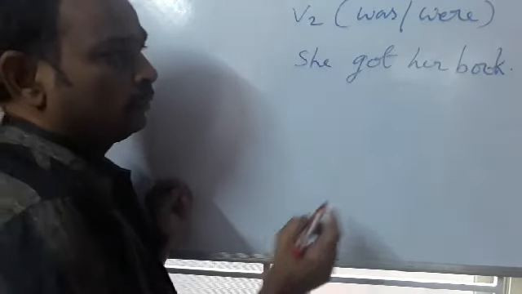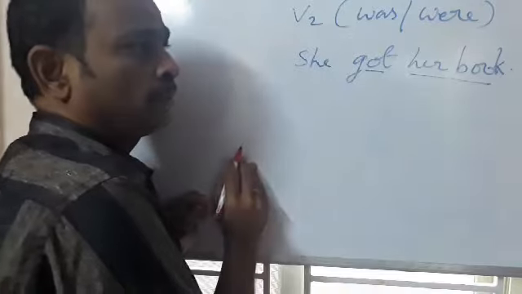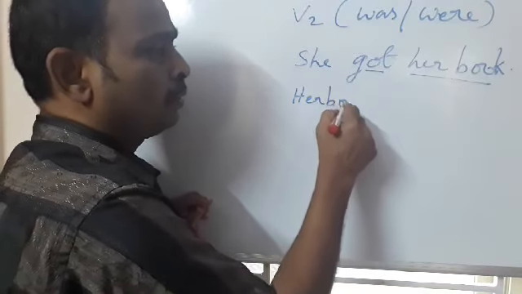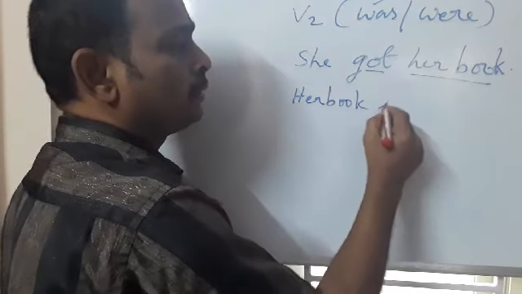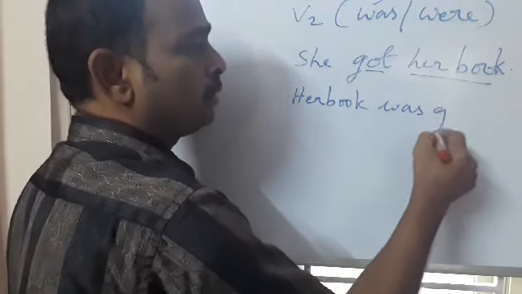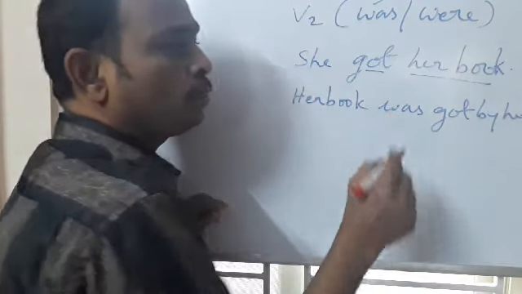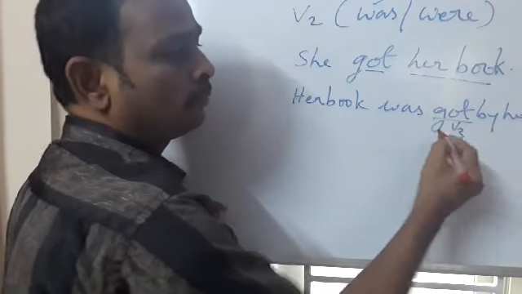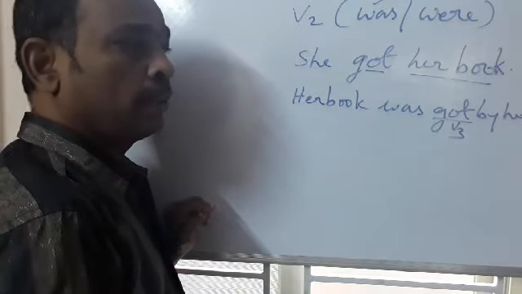See here, her book is the object. Okay, got is verb 2. See right, her book. See, singular, was. Her book was got by her. See, get, got. So verb 3 also is got. Okay? Her book was got by her.